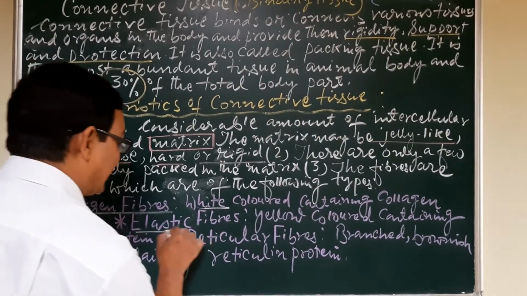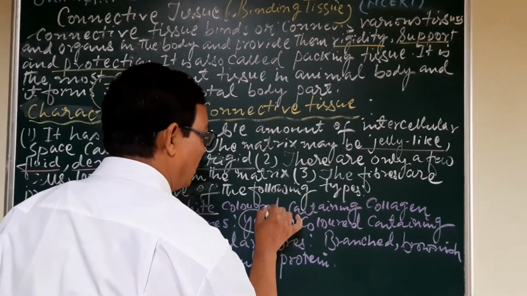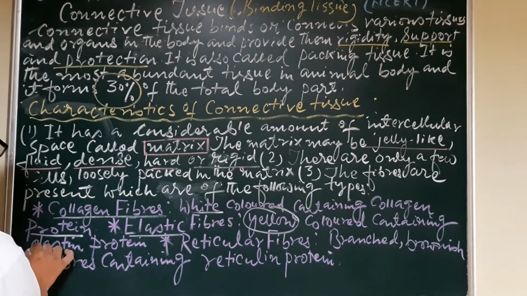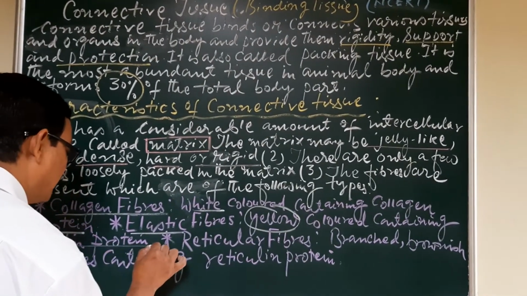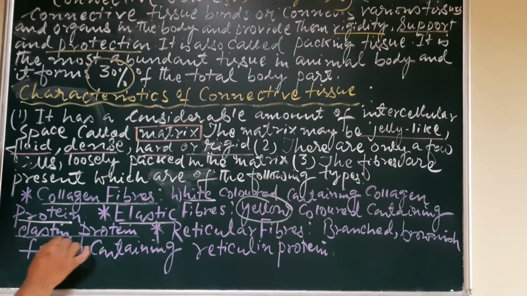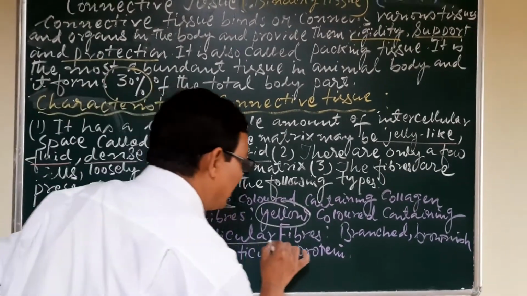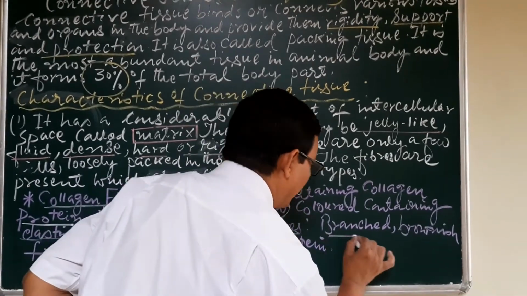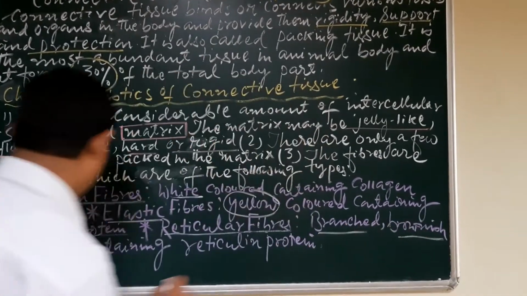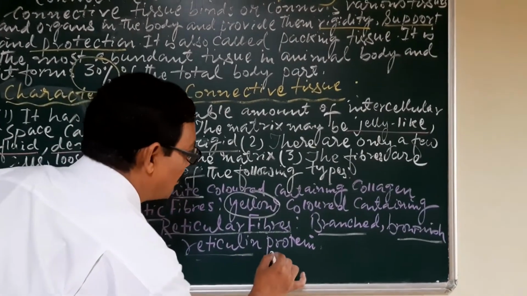Second type, elastic fibers. The color is yellow, and the protein present in this fiber is elastin. And the third one is reticular fibers. These are brownish fibers containing reticulin protein.